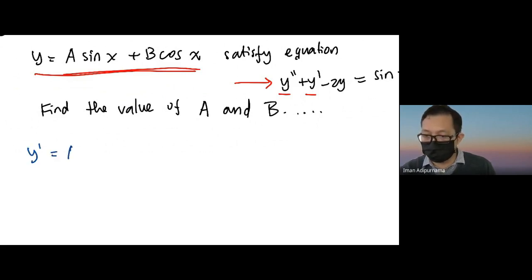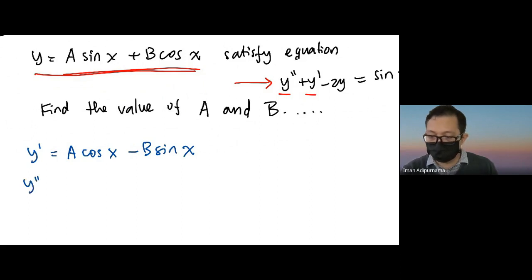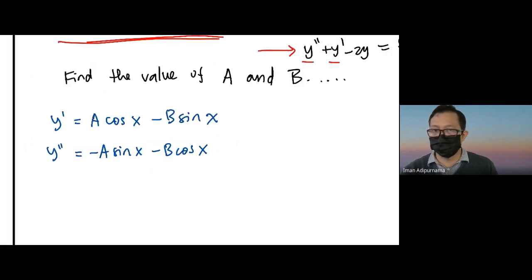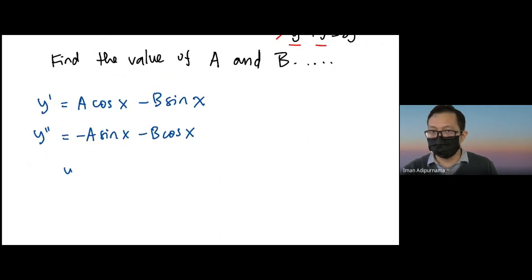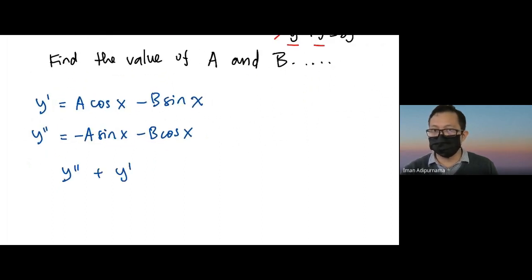So y prime is a cosine x minus b sine x, right? You derive once, and then derive one more time to get the y double prime. You get negative a sine x, negative b cosine x. Okay, and then you get y double prime plus y prime minus 2y equals sine x.